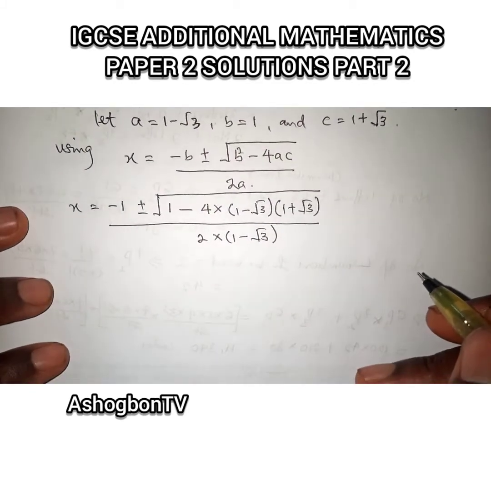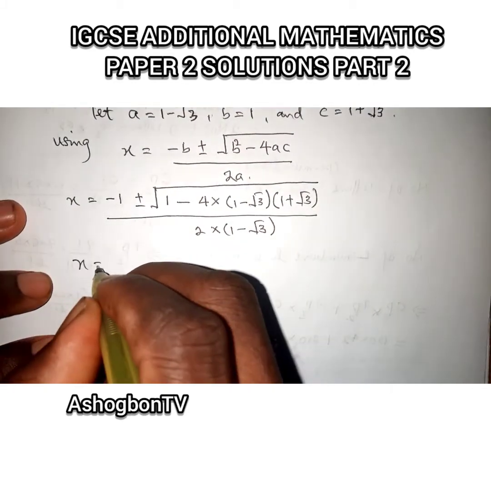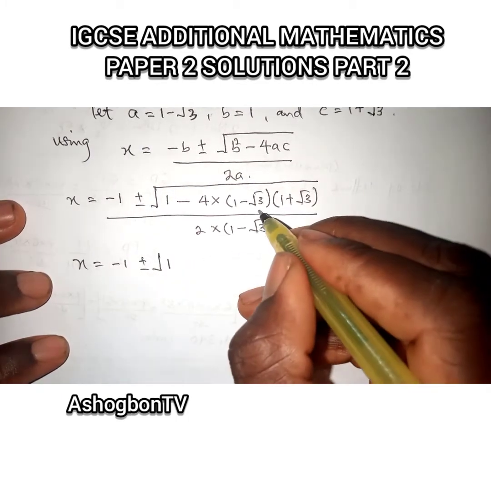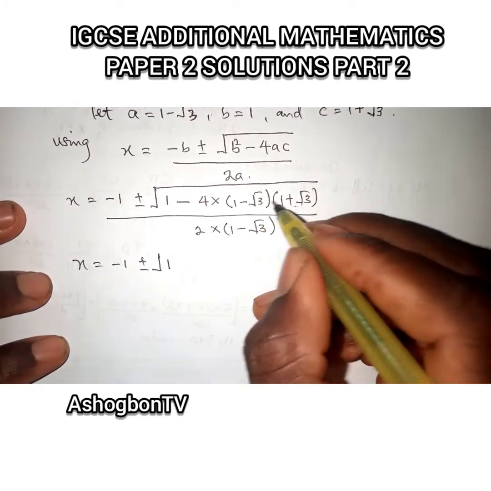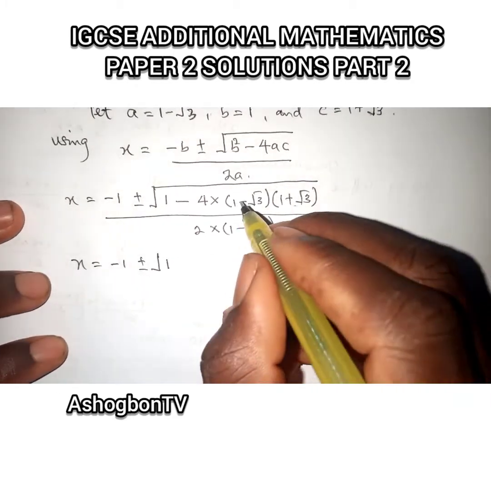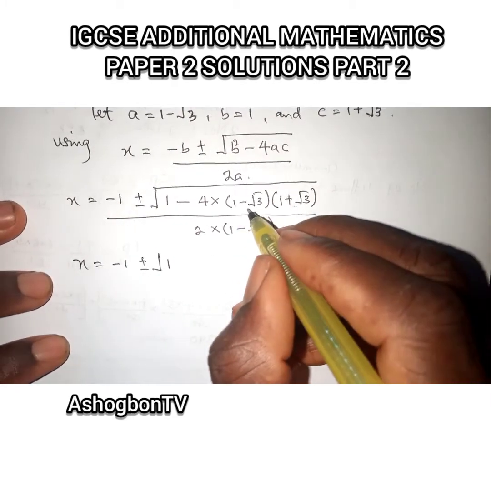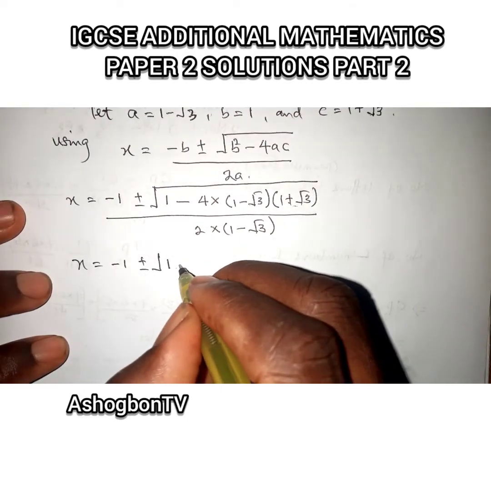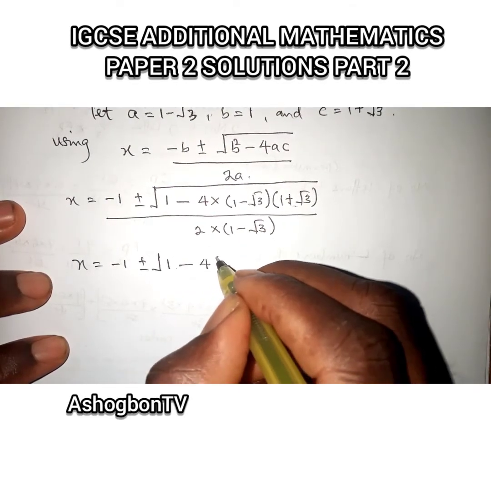So if that is the case, we have x equals minus 1 plus or minus square root of 1. Now, this is what we call the conjugate of a surd. So the conjugate of this surd is this.